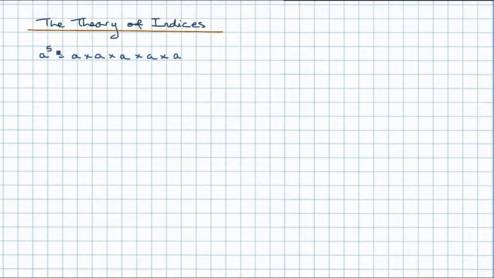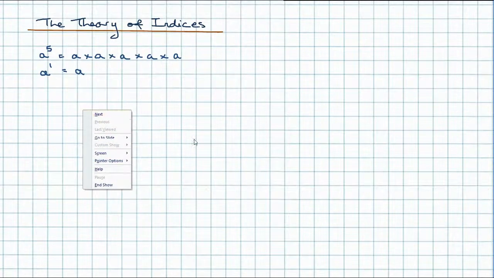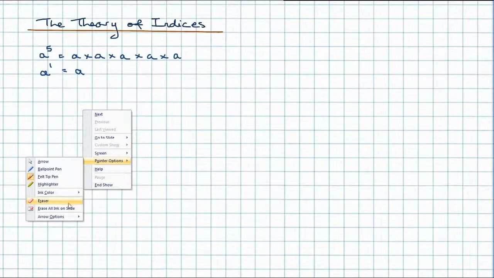So that little power there, the index as we call it, gives us the number of times a is multiplied by itself. An important point here actually is that if a was to the power 1, then of course there would be just one of these. So anything to the power 1 is just itself, and we just don't bother with the 1.